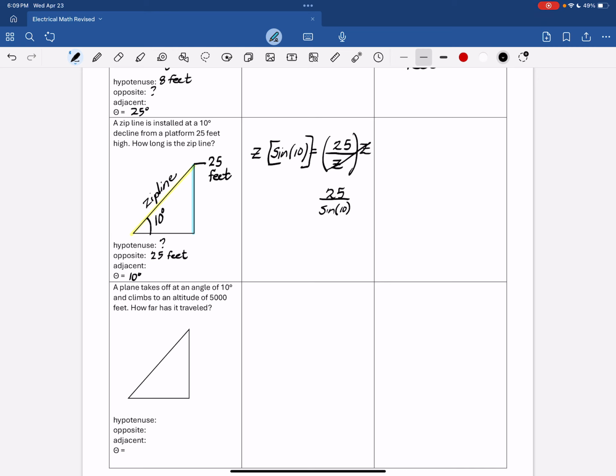So I'll have to divide it off both sides, and there is going to be z. So the zip line is 25 divided by the sine of 10 degrees. The zip line is approximately 143.97 feet.